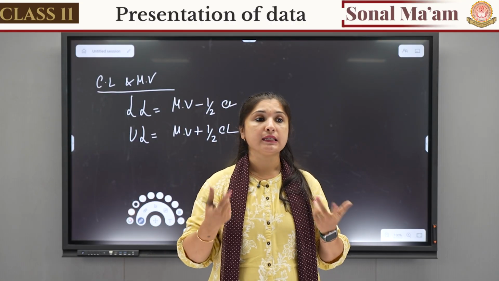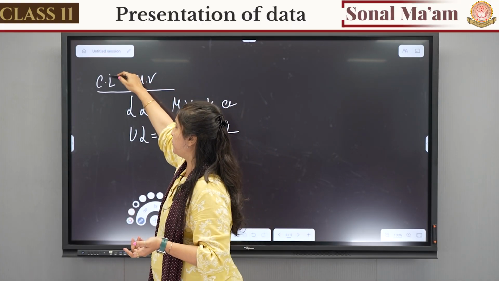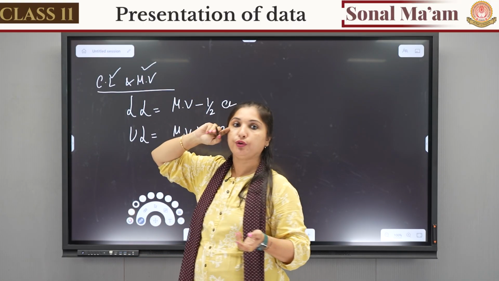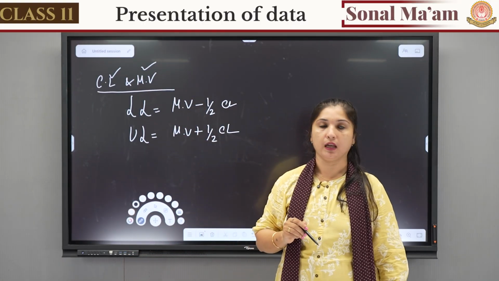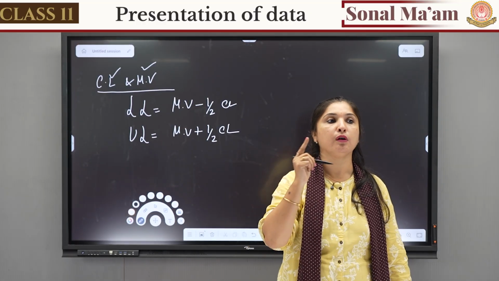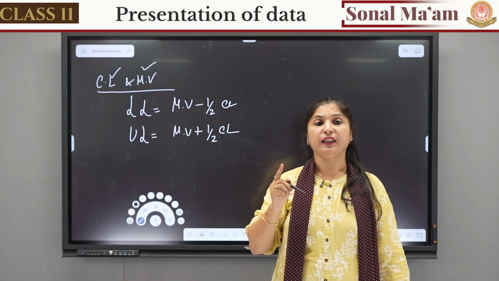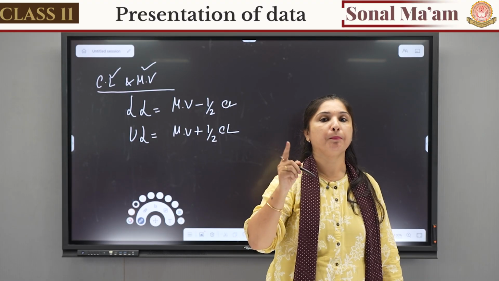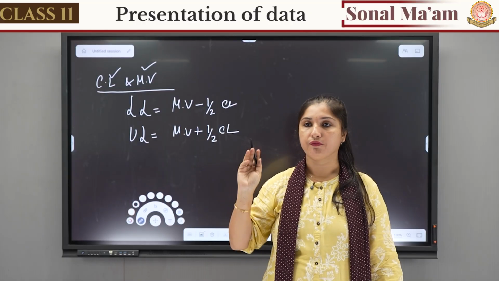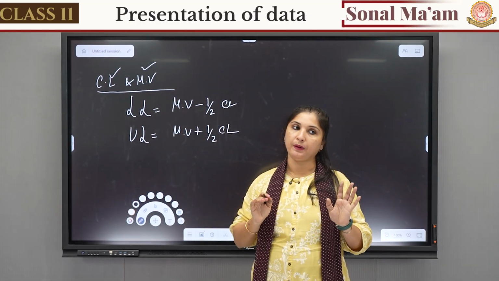But in many sums, the class length is given to you and the mid value is given to you, and you have to find the classes. So the formula for lower limit is mid value minus half class length, and the formula for upper limit is mid value plus half class length. For lower it is minus, for upper it is plus.